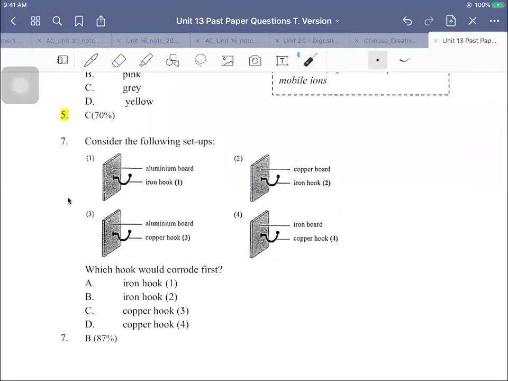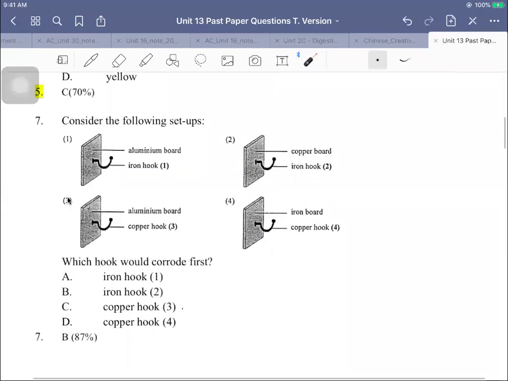Aluminium with copper. Aluminium is more reactive than copper, so again, sacrificial protection. Last one, iron with copper. Iron is more reactive than copper, so again, it protects copper from corrosion. So the correct answer should be B. Only B, where copper is less reactive than iron.